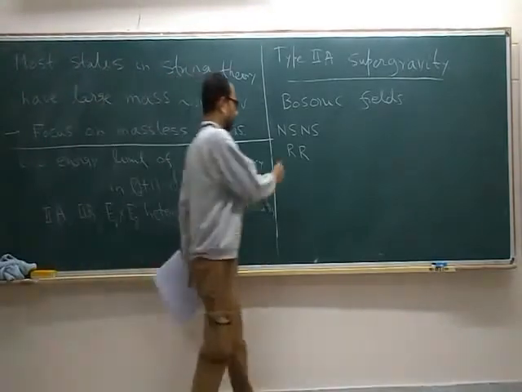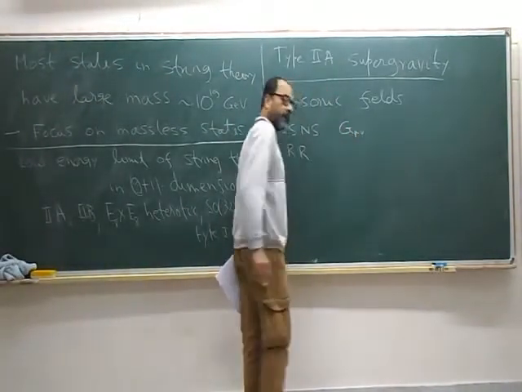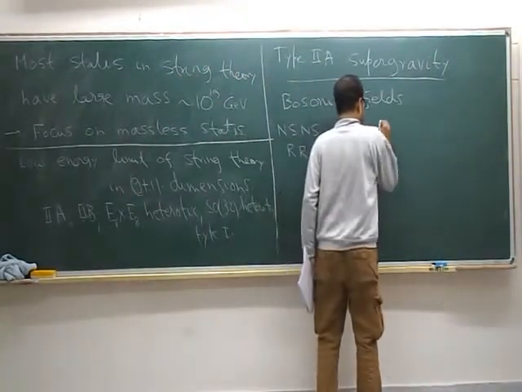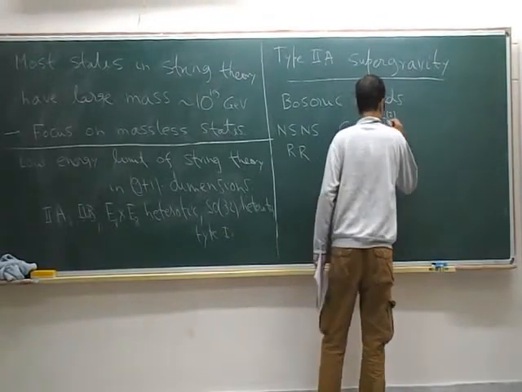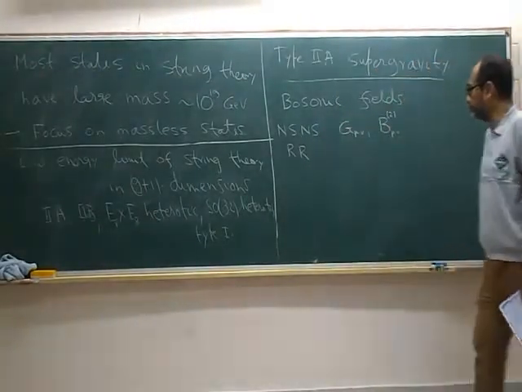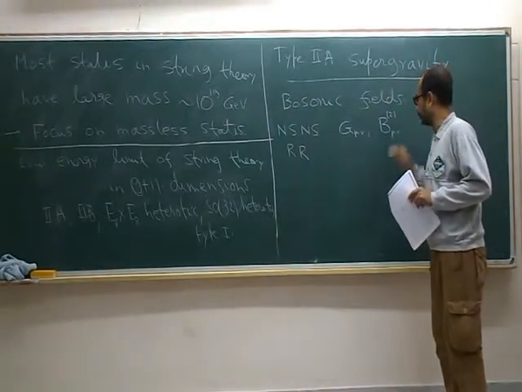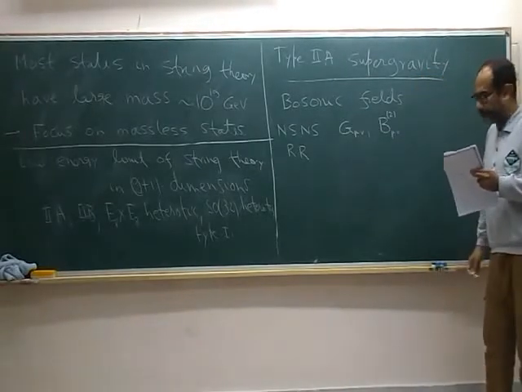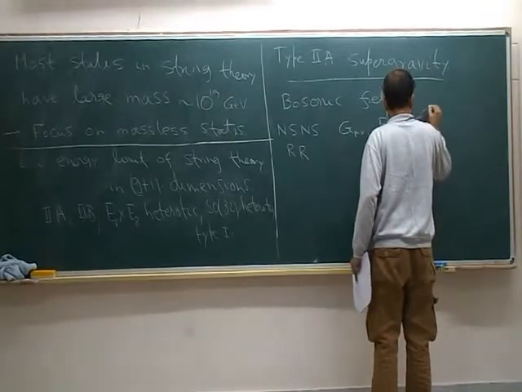So the Neveu-Schwarz sector fields contain the metric G mu nu. It contains a rank 2 antisymmetric tensor field, also sometimes called a two-form field B2 mu nu. This index here refers to the fact that it's a two-form or rank 2 antisymmetric tensor, and the scalar phi is called the dilaton.